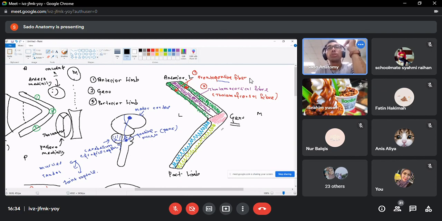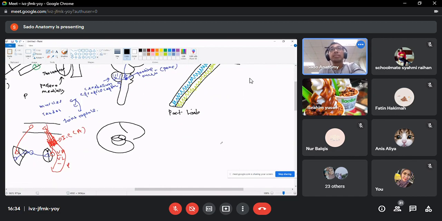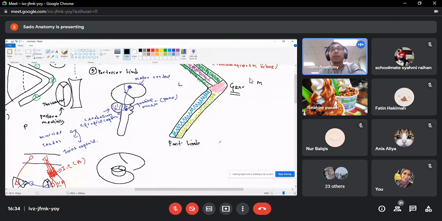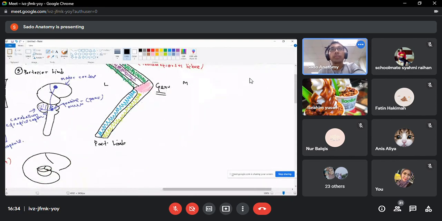But specifically, this genu of internal capsule consists of tracts that we call corticobulbar or corticonuclear tracts. Listen carefully.